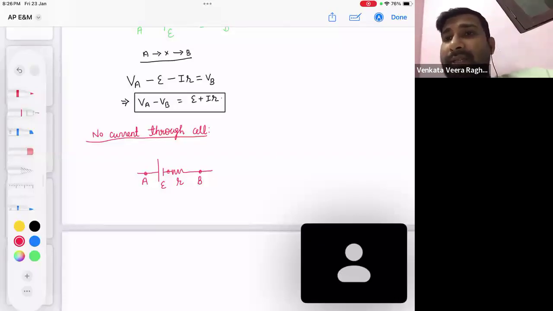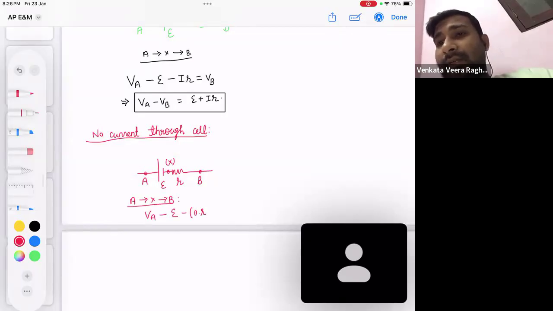Let's call this intermediate point X. Again, I'm going from A to X to B. Please tell me VA minus EMF. Now, what is the current in the circuit? 0. So 0 times R. Where did I reach? I reached the point B. So what am I getting for VA minus VB? That is equal to EMF.